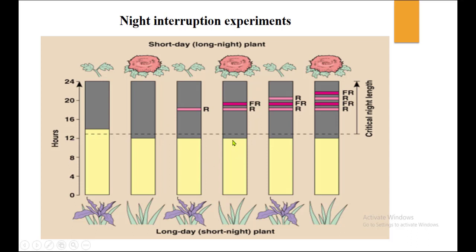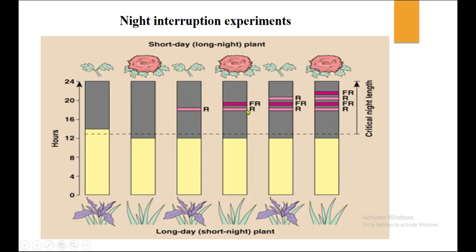Next, here you can see there are two types of interruption. First it was interrupted by red light, then it was interrupted by far red light. You have to keep in mind that the wavelength of light which was given later is what matters.